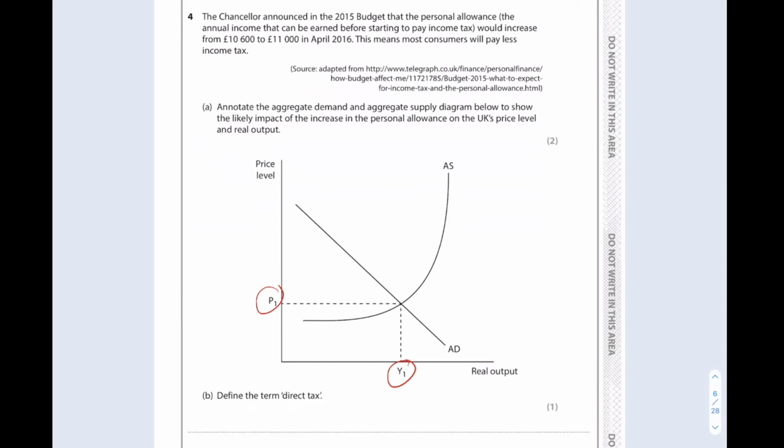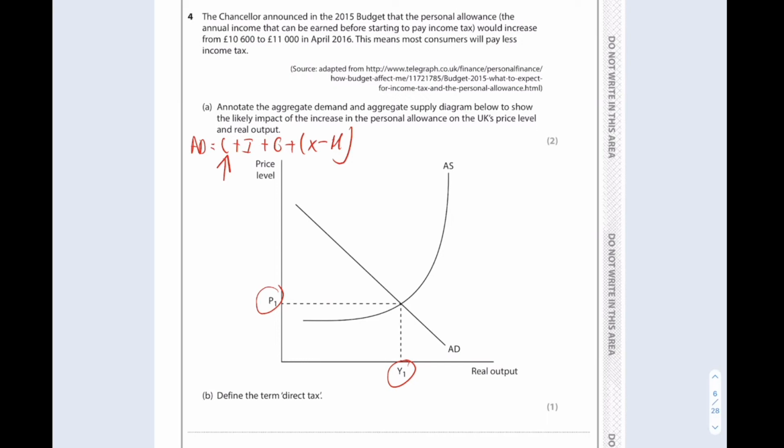Now, there could be a couple of things that you could do here, but the thing that I think is easiest to illustrate is the fact that aggregate demand is going to increase. And the reason why is, if you think about the aggregate demand formula, C plus I plus G plus X minus M, that's consumption, investment, government spending, exports and imports, the consumption section is going to increase. And the reason why is because the MPC is going to be very high for low-income households because they spend a lot of any additional income they earn on necessities that they might need.